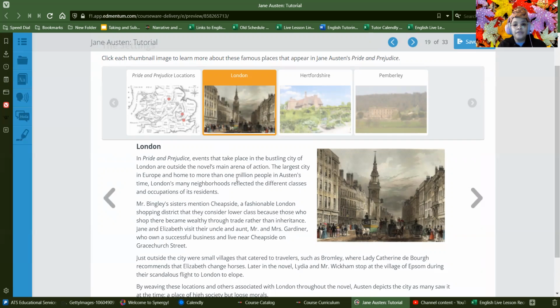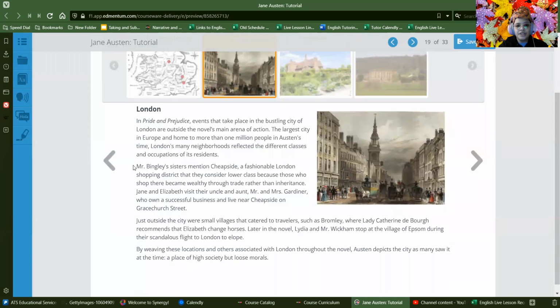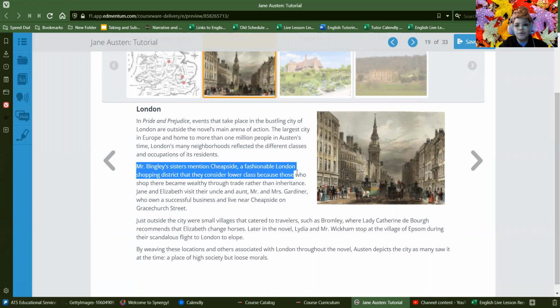So if someone's traveling or going to do something very important, that's pretty much when they go to London. Or if people are visiting someone specifically to check on business or something, they are going to London. Now it says Mr. Bingley's sisters mention Cheapside, a fashionable London shopping district that they consider lower class because of who shopped there, and it became wealthy through trade rather than inheritance.